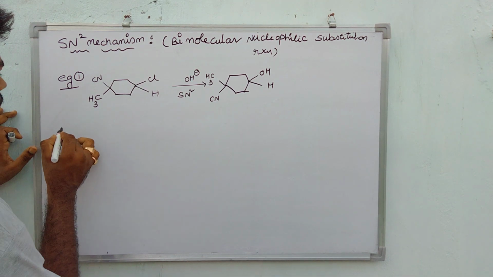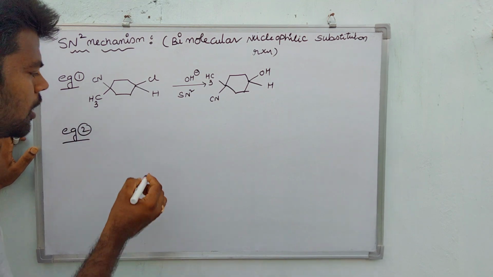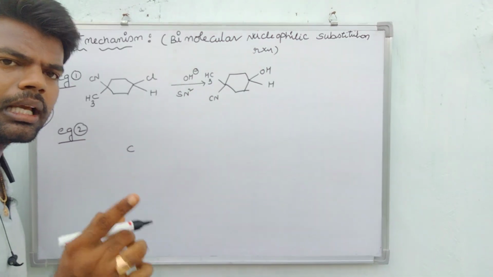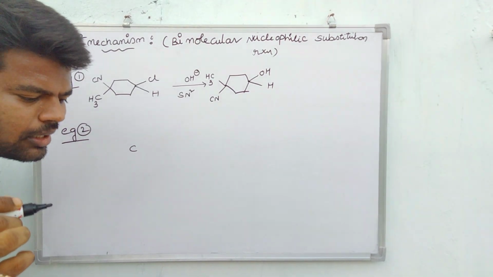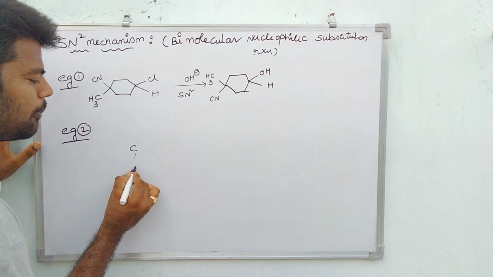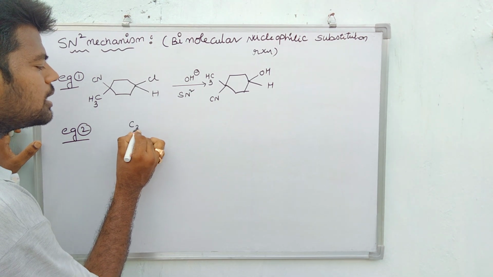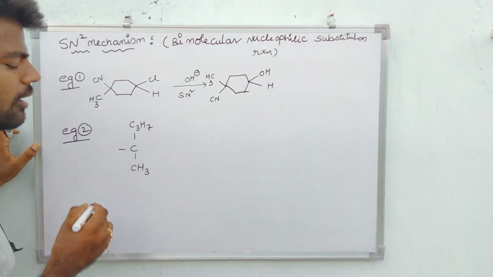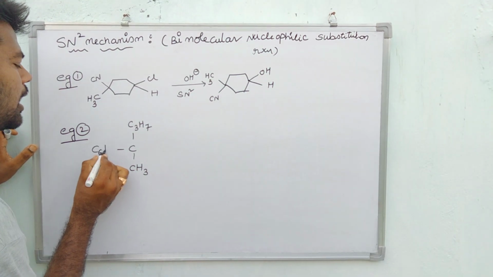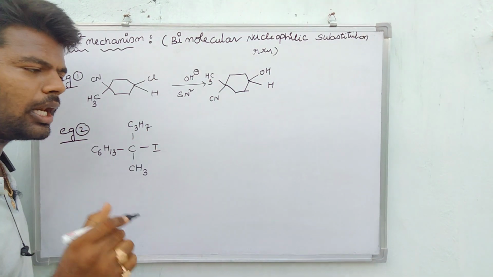Suppose we take one more example, that is example 2. Suppose I take one chiral carbon, a carbon having 4 different groups. It is said to be a what? Chiral carbon. Suppose at the bottom it contains a methyl group, on the top a propyl group, and on the left-hand side a cyclohexyl group, where it contains an iodine atom.